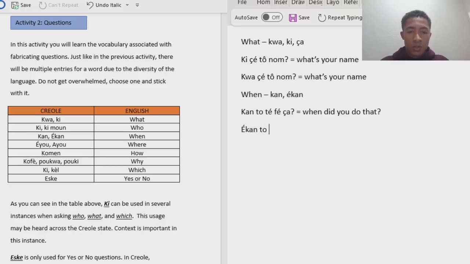Et quand tu courais là-bas? When did you go over there? So for this one, when, quand and et quand, virtually the exact same word, just a different pronunciation.